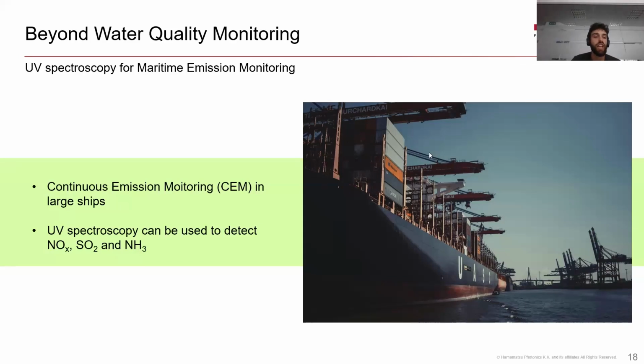And these emissions are generally NOx, SO2, and NH3 emissions, so ammonia emissions. And we know that this can also be measured using UV visible spectroscopy. So this device that I presented, this compact UV spectrometer, can be a valuable tool as well for continuous emission monitoring in large ships.